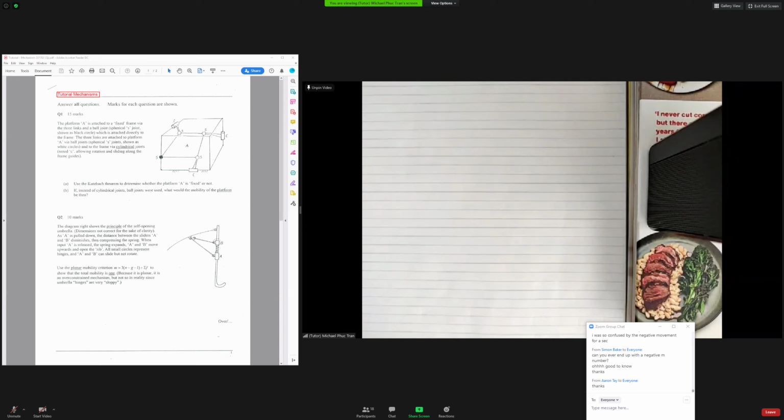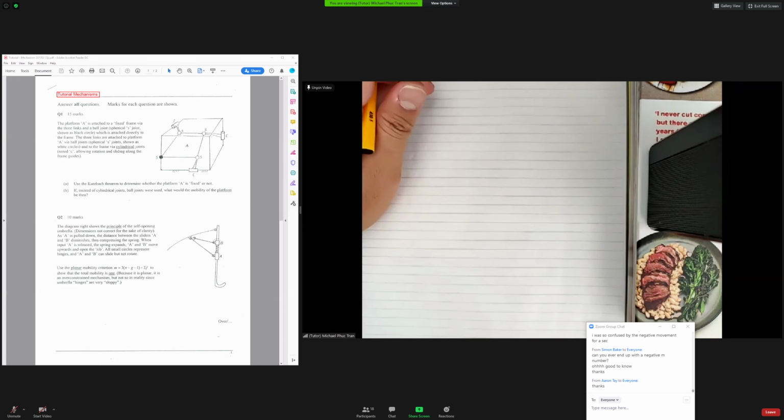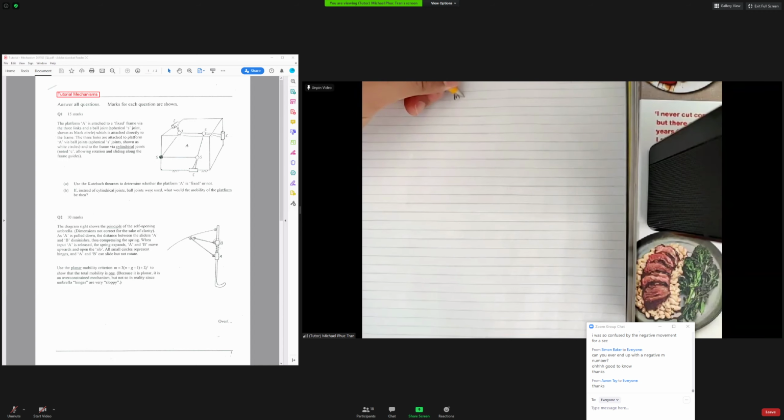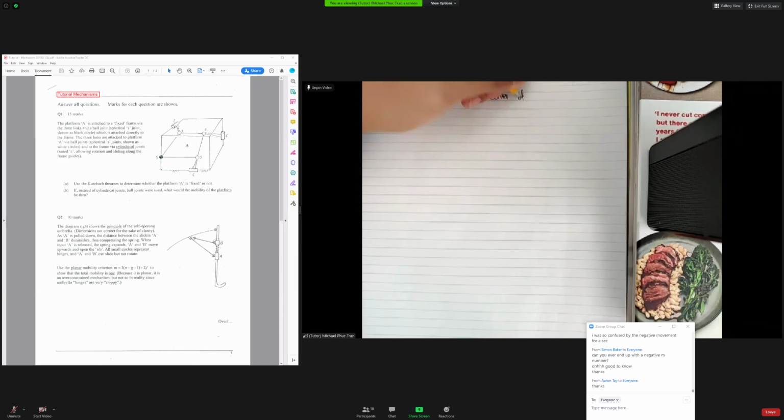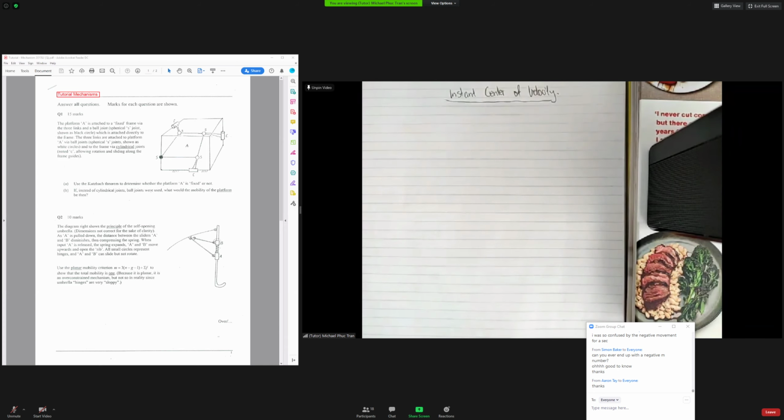Let's go on with instant center of velocity. So the instant center of velocity tells us that there is a velocity between two or more bodies that are equal.